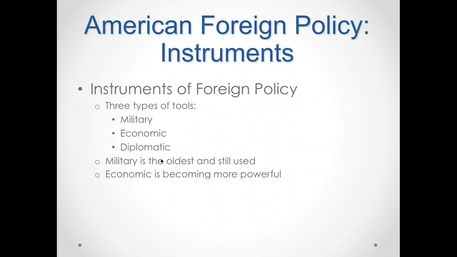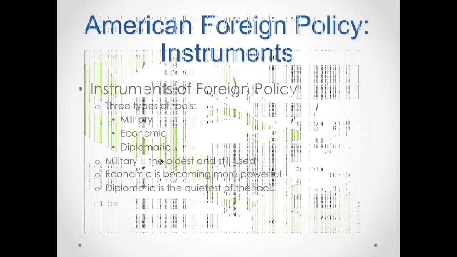Economic policy is becoming more and more powerful. If a country is out of line, we could freeze assets in our very large banks, which would mean that they can't move their money out of our bank. And diplomatic, as we mentioned before, is the quietest, but in some respects the best when it works out.